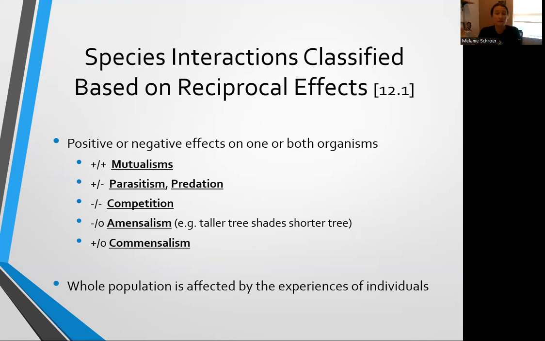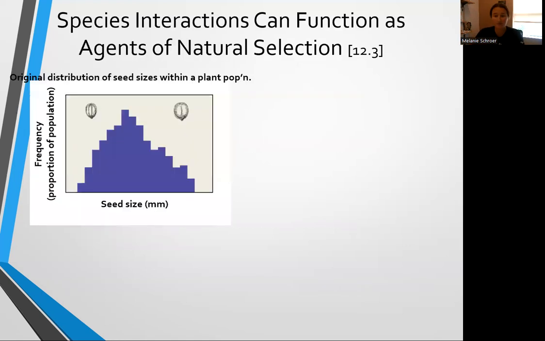But evolution in populations, population ecology, population fate, is determined by the group of individual interactions. Okay. So species interactions can function as agents of natural selection. Okay? Individual is impacted, but the population is going to evolve.